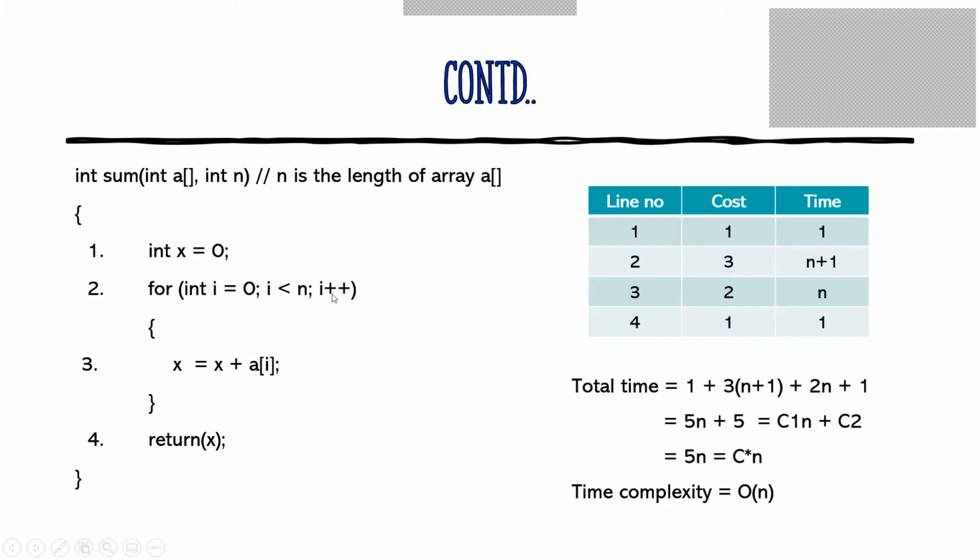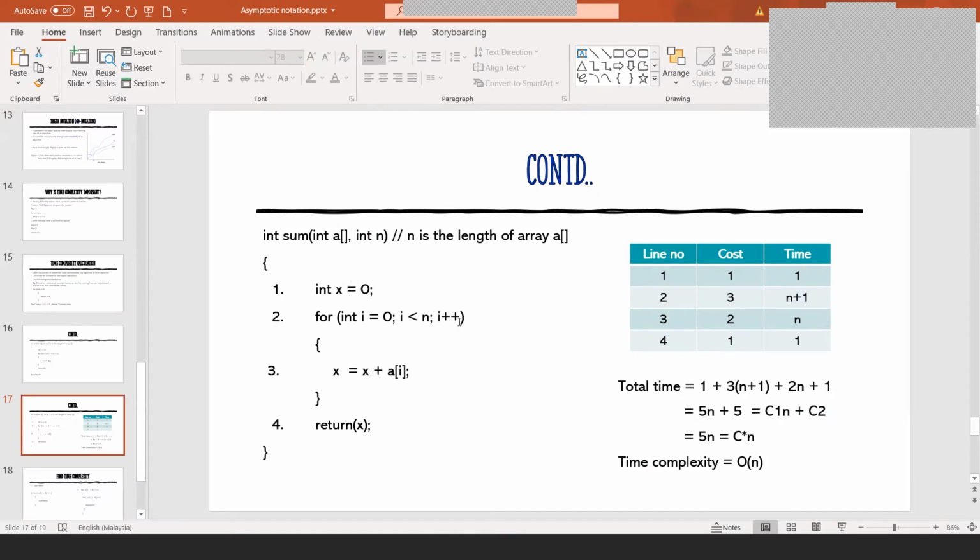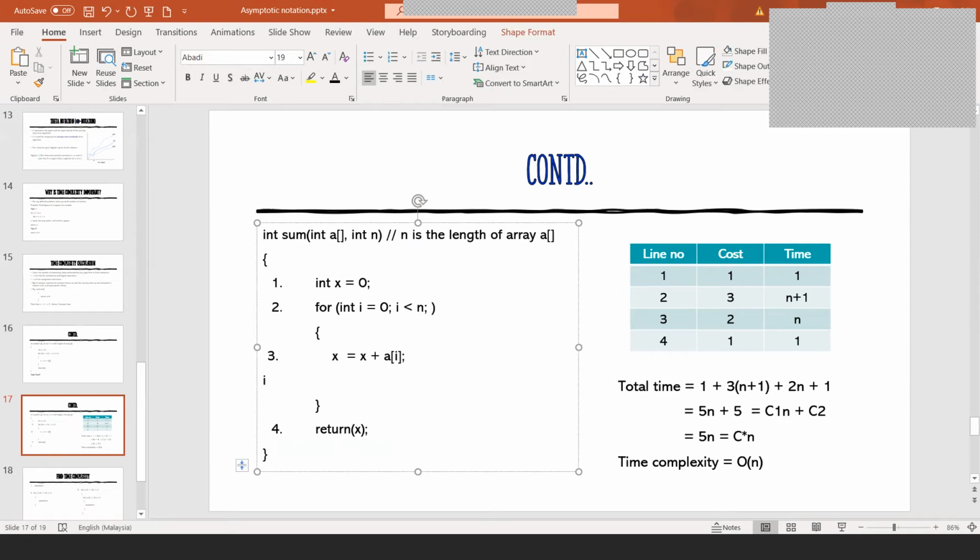In line number 1, what's happening is just assigning a value. This statement will run just one time, right? Since there is only one operation, the cost is 1. And since it's going to run just one time, it's not depending on the input size of the array, so time will be 1.